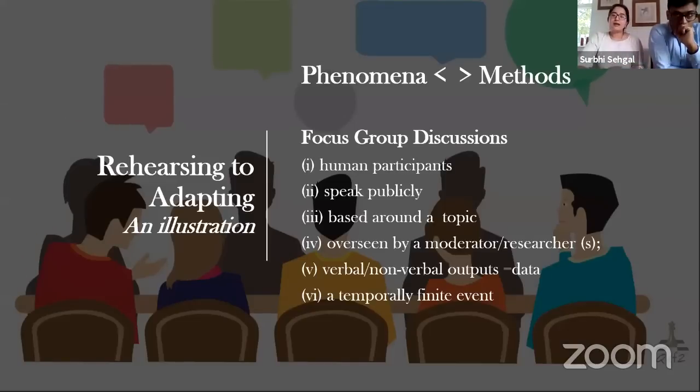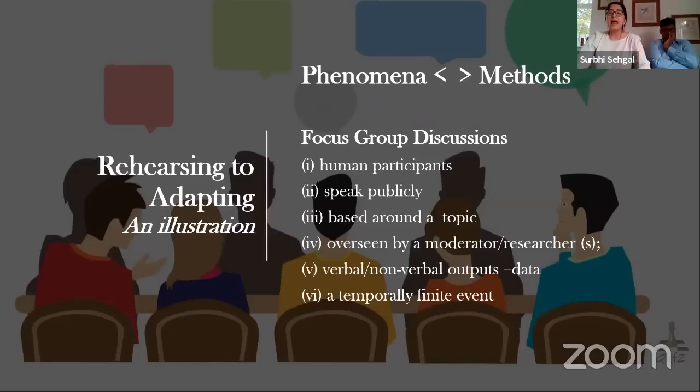Then we collect data in terms of verbal and non-verbal input. As researchers, we're interested in noting down the points that were raised, and also the non-verbal data, such as observations about body language, gestures, the tone of speaking, and so on.